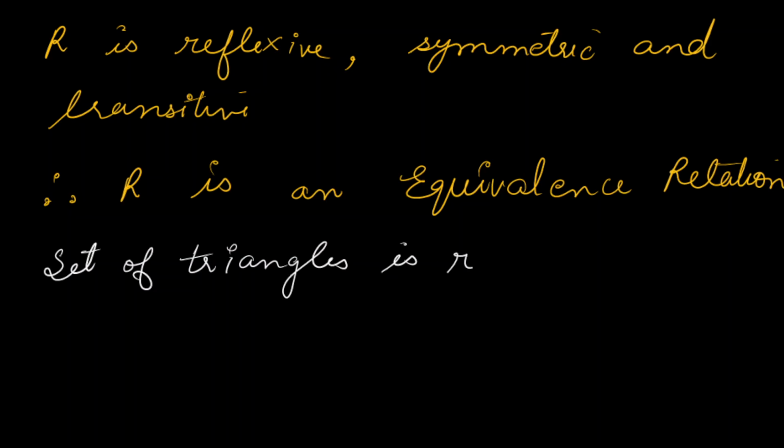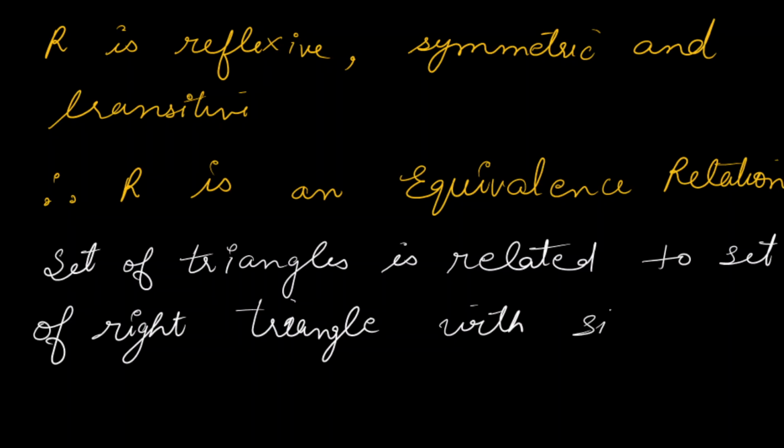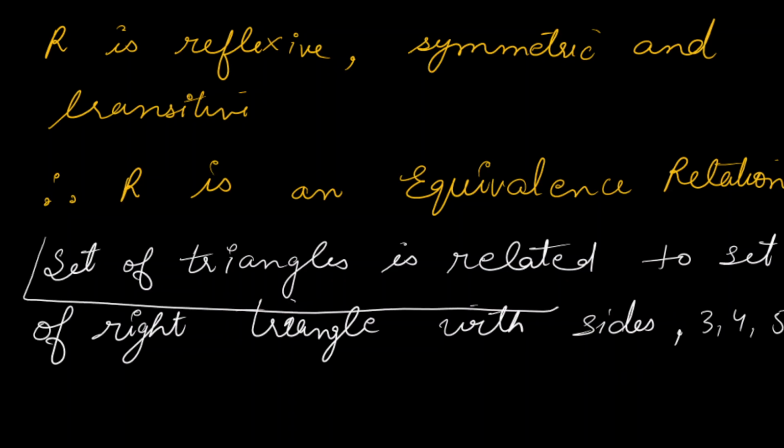So the set of triangles is related to the right triangle with sides 3, 4 and 5. Why is the set of all triangles related to this?